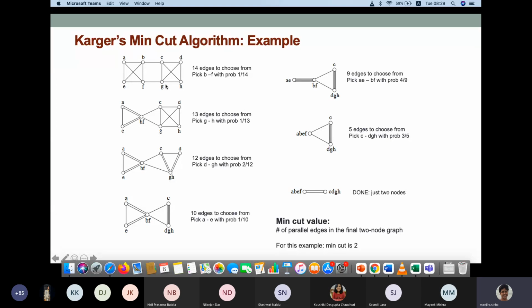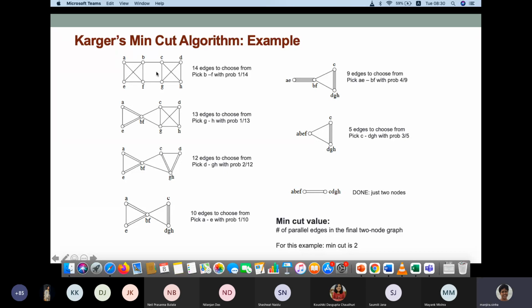But as this is a small graph, and in this example we are using this manually just to show, we have used these probability values to denote how we can quickly come to the min cut, because we can also see by naked eye that the min cut value is 2. Okay.